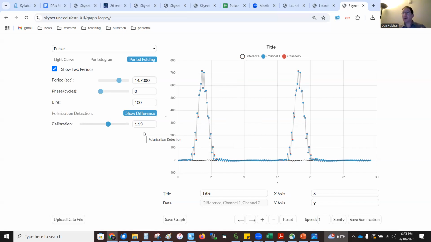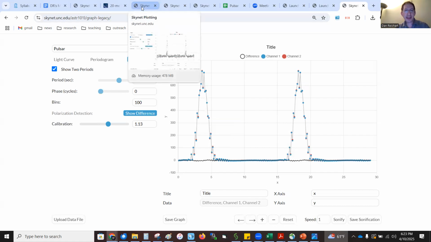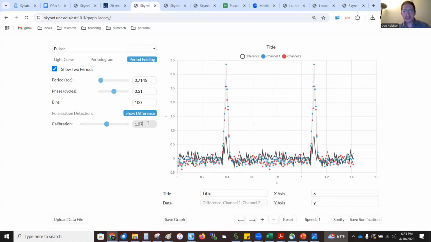Okay, now that we know this, we can use this for all of our pulsars, for 0329+54, and all the others, as long as it was taken not too many days apart from this polarization calibration observation. Okay, so we used our fake unpolarized pulsar to set the calibration. Let's go back and set that to 1.13.